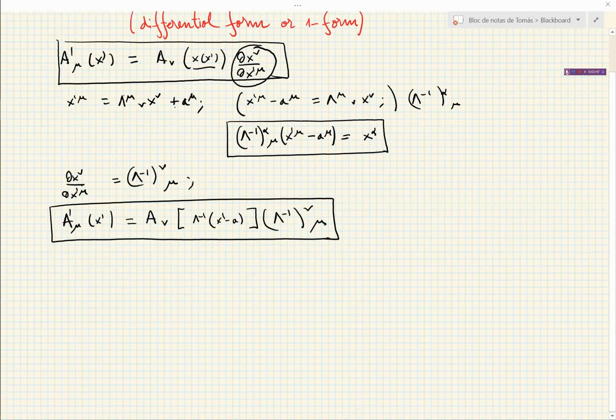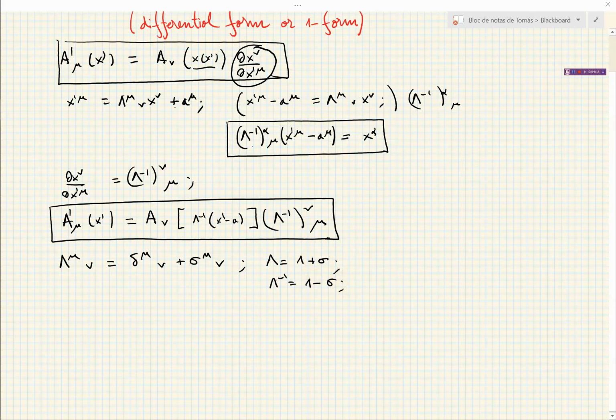Now we can see what happens with infinitesimal Lorentz transformations. So lambda mu nu is equal to delta mu nu plus sigma mu nu. Let's write this as a matrix like this. So sigma is very, very small. Then we can see that lambda minus 1 is 1 minus sigma.